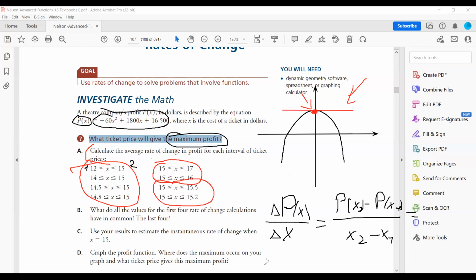So now I substitute my values in here, and I would have 3 in the denominator, 15 subtract 12. And in the numerator, I'll have these two functions, but evaluated considering x2 and x1. Let me write it down.